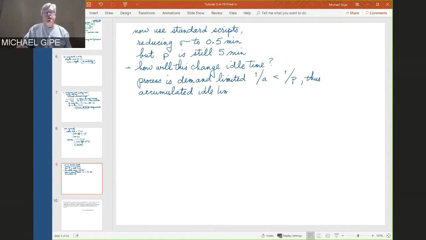It's still going to be a function of averages. And by the equations or formulas we've used, we're going to see that the idle time total, average, is not changed.